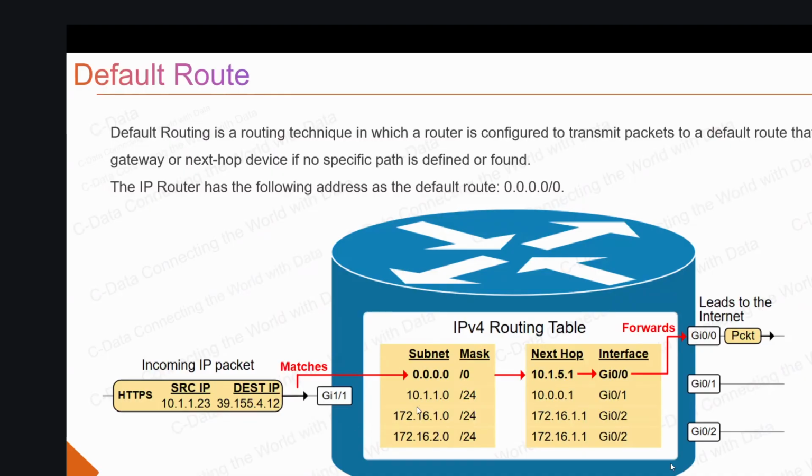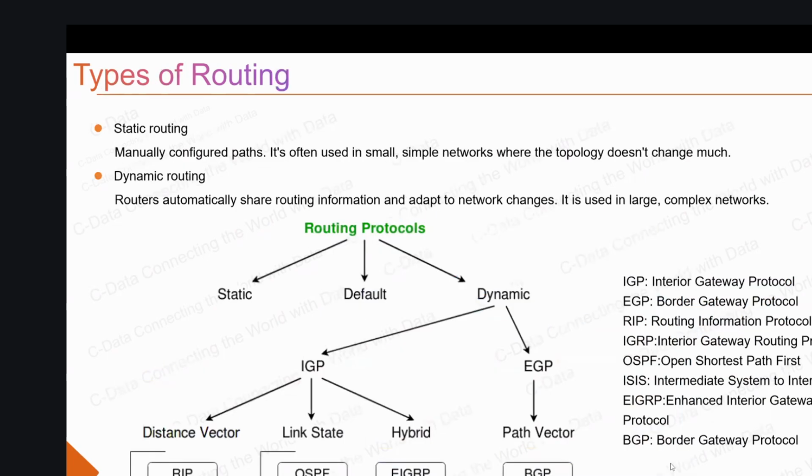It has the source IP address, the destination address, and the last hop. This one we get from today, it's good. And then we know we have static, default, and dynamic, and we have the IGP protocol internal, and the BGP external.